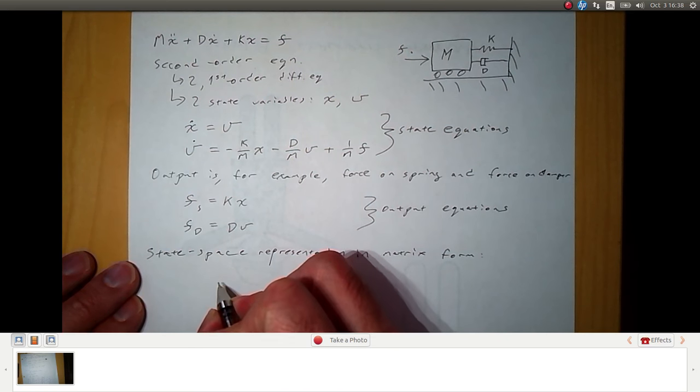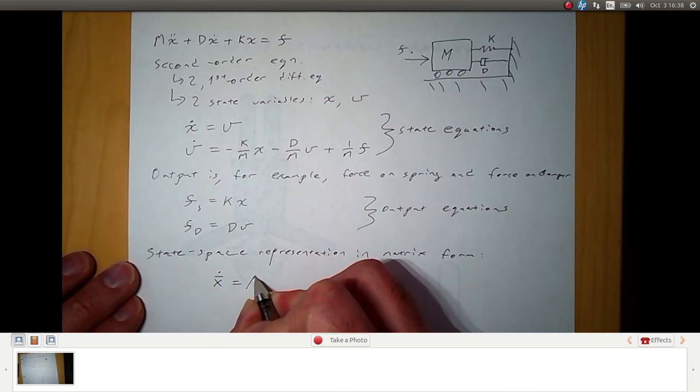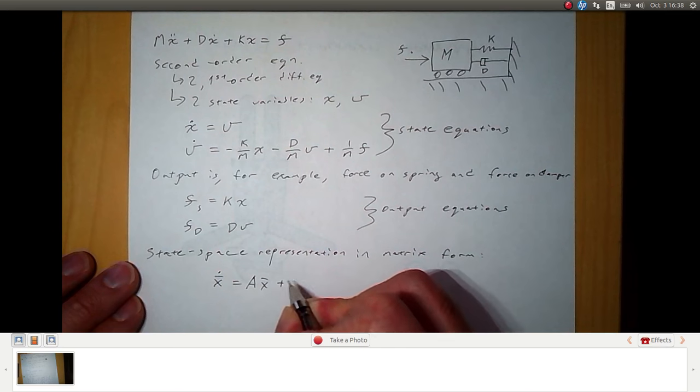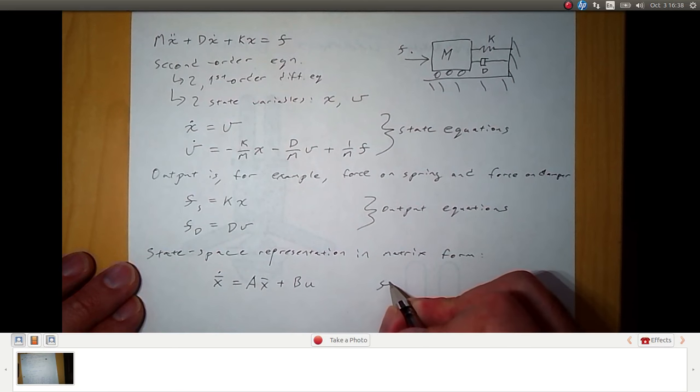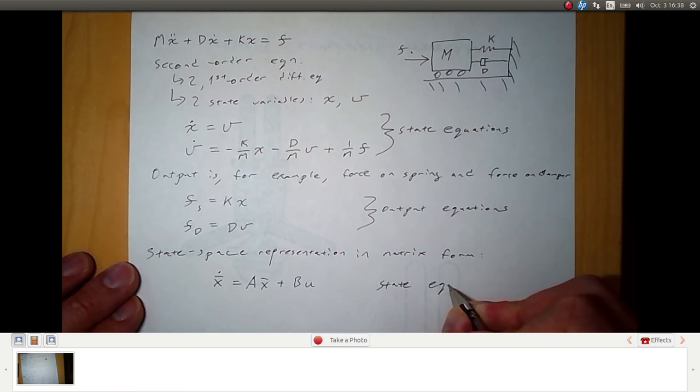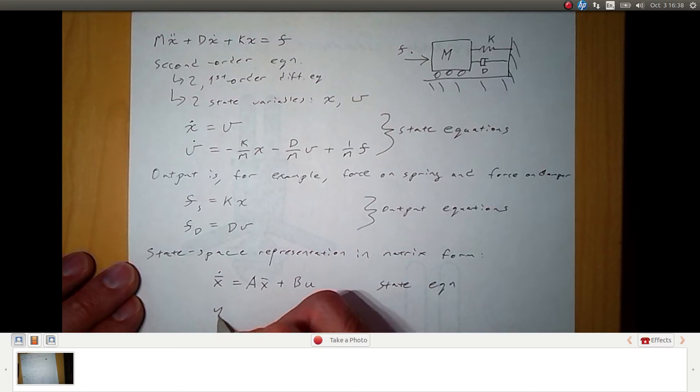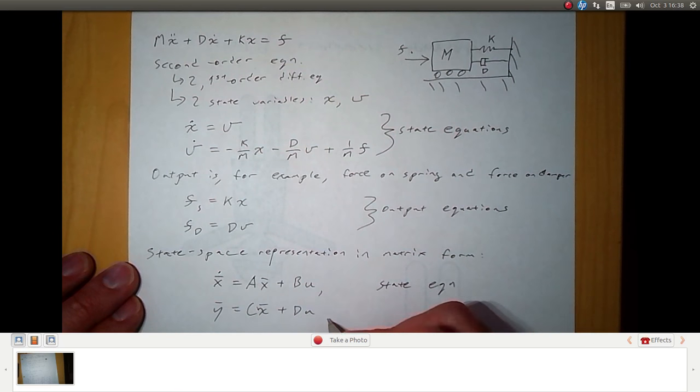So our state equation looks like x bar dot is equal to the matrix A times x bar plus B times the input u. So this is the state equations. And the output equation, y bar is equal to C x bar plus D times u, output equation.